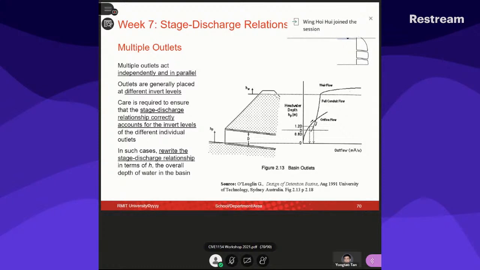So be careful to ensure that the stage-discharge relationship accounts for the invert levels of the individual outlets. The stage and discharge curves will be different for basins with multiple outlets.